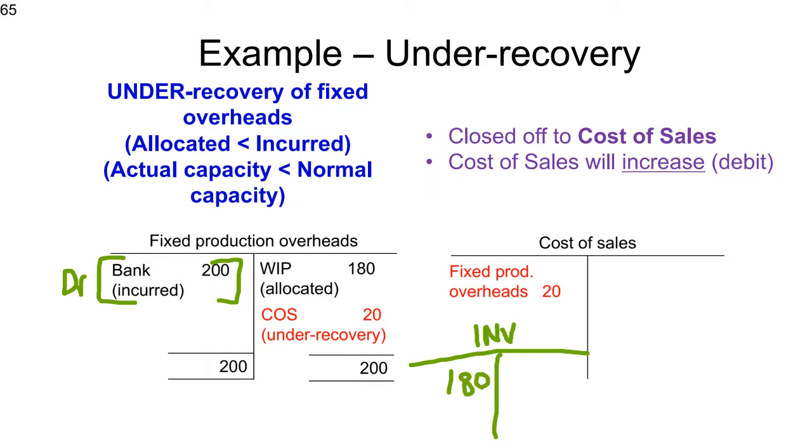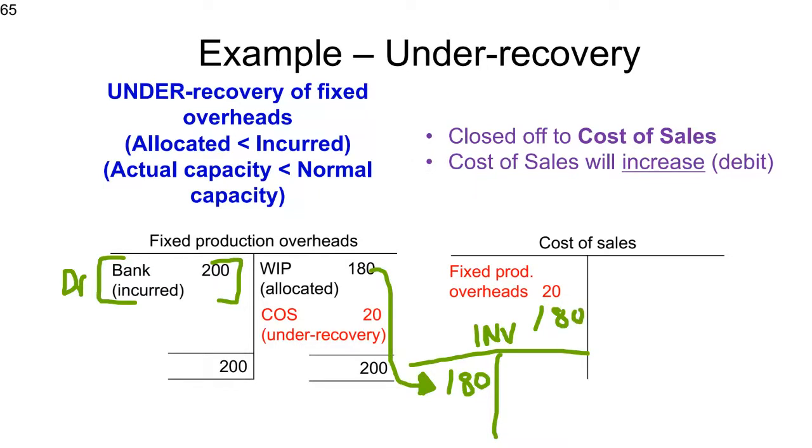Okay, we've moved it from here, so that's that journal entry there, 180 to inventory. And then from there it's been moved into cost of sales.